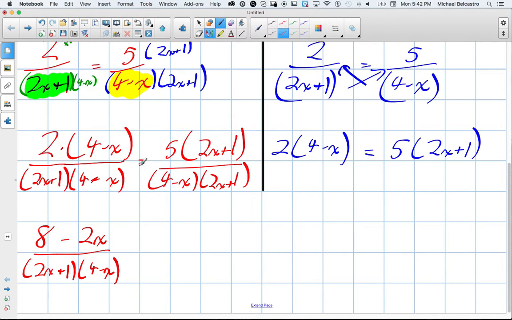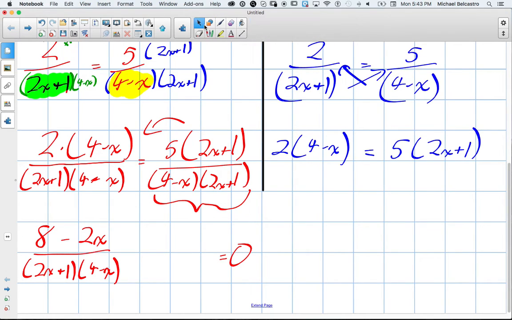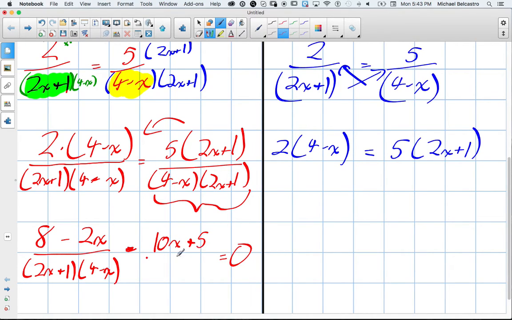Now what I'm going to do, see we have this equal sign here, I'm actually going to bring this entire thing over. So now it's going to be set equal to 0, our equation, because we've moved whatever we had over to the left side. Bring this line down a little more. And when it's over on this side, it becomes negative. Okay, so we have subtract, and this will be 10x plus 5 over 4 minus x times 2x plus 1.